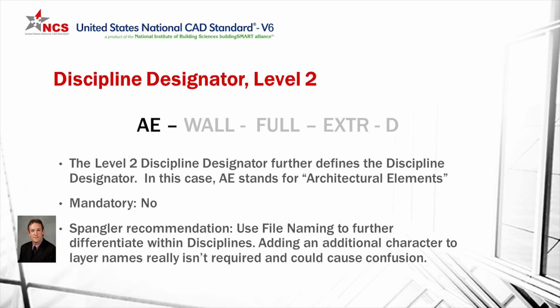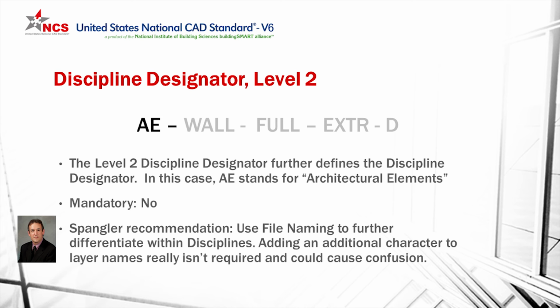Now, when might you want to break this out into a level 2 discipline designator? Say you have a lot of layers for the architectural discipline, just hundreds of layers. In order to have these layers grouped together, you might want to think about using a level 2 discipline designator. Is it mandatory to use a level 2 discipline designator? No, you do not have to use them.